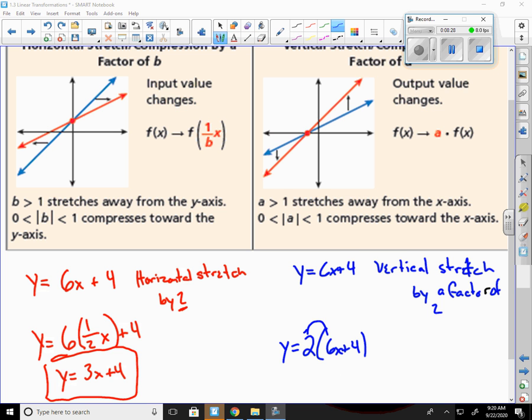Distribute my 2 to both terms. That becomes y equals 12x plus 8. That would be my new equation.